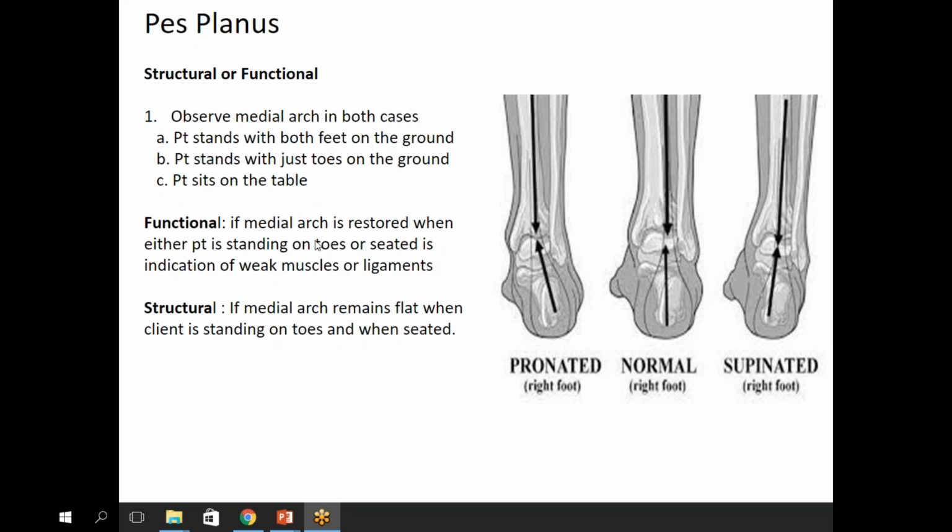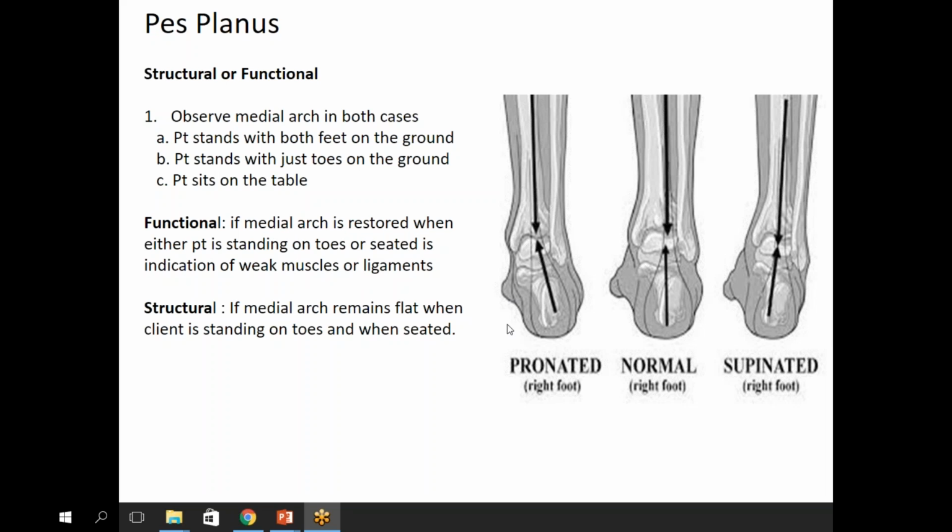Functional is if the medial arch is restored. So say if it's flat, and then when the patient is standing on toes or seated, the medial arch is restored, that is an indication of weak muscles or ligaments.